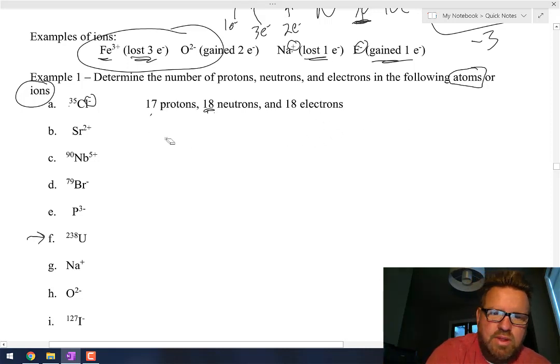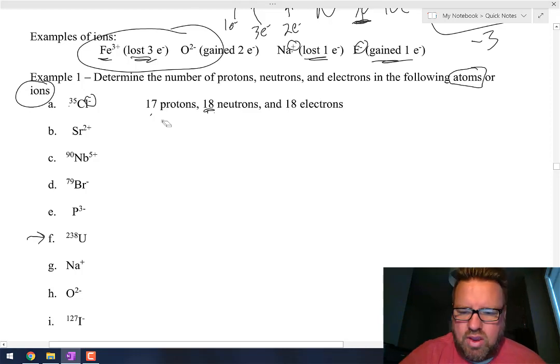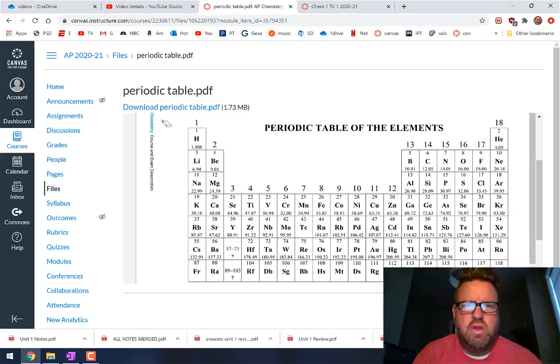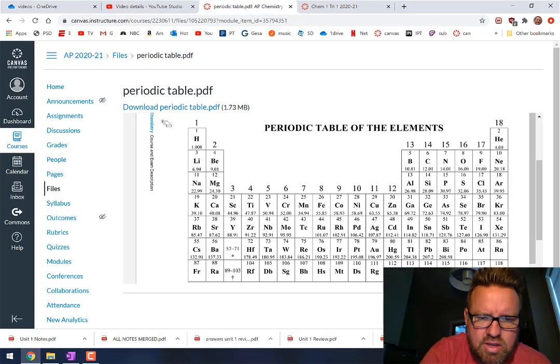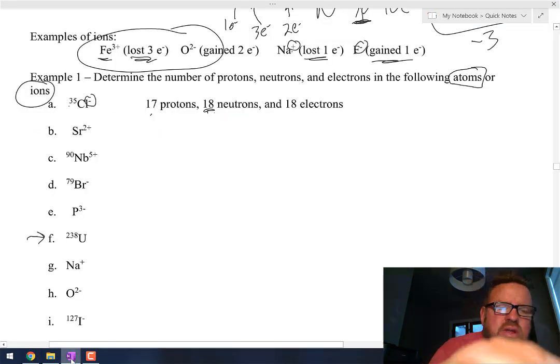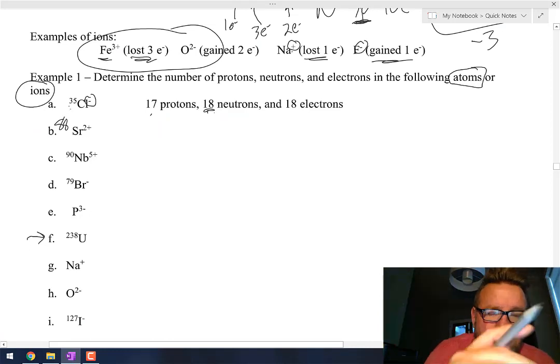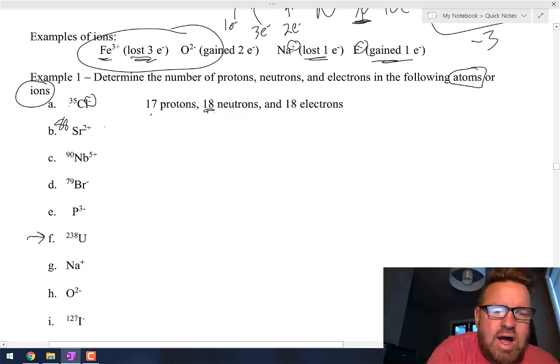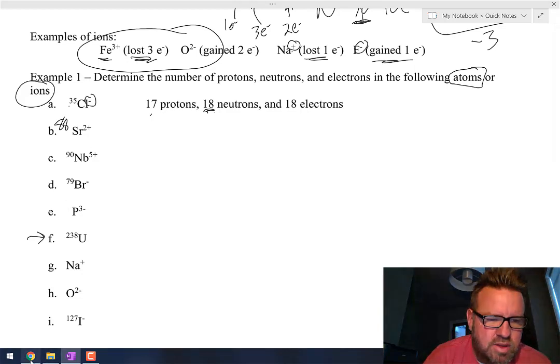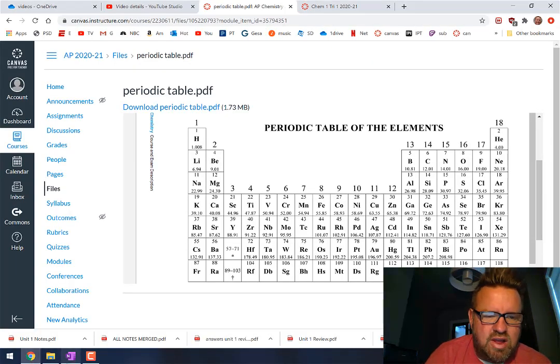Okay, let's do a couple more here. All right, so here is strontium. Strontium is number 38 on the periodic table. In this case, its average atomic mass is 87.6. So we'll round that up to 88 because that's what we do. So again, strontium number 38 on the periodic table.